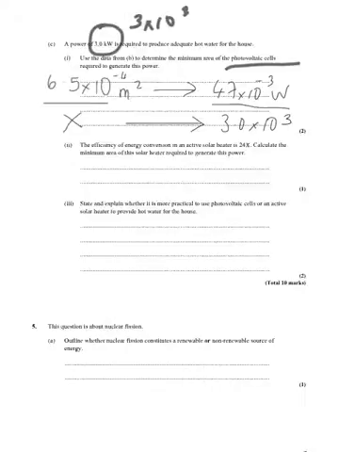Okay, so note that things have changed now. We're talking about an active solar heater, no longer talking about photovoltaic cells. The efficiency of energy conversion in an active solar heater is 24%, way bigger than the 8% for the photovoltaic cells. Calculate the minimum area of the solar heater.